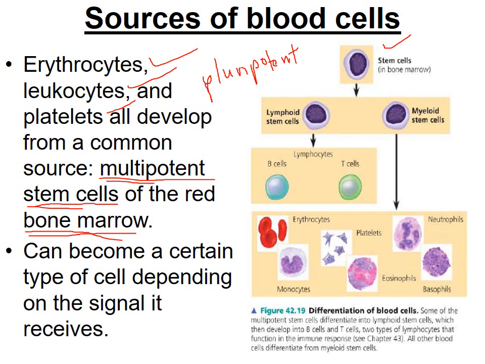If you are interested, you can read about that in more detail in your textbook or online. But the main idea here is that we have our stem cell in the bone marrow, and when it's given signals, it can become the erythrocytes, platelets, and the white blood cells. And there's different names for some of the white blood cells. You might see neutrophils, eosinophils, basophils, and monocytes as well.